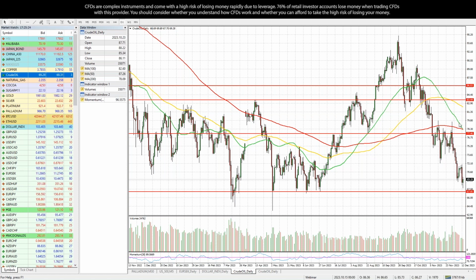Now, another thing, very interesting. I mentioned it a few times at these meetings. Take a look: the 50-day moving average is about to cross over the 200 moving average. It's happening. I think it's already lower. As of now, the day is not closed yet, so the 50 is below the 200.